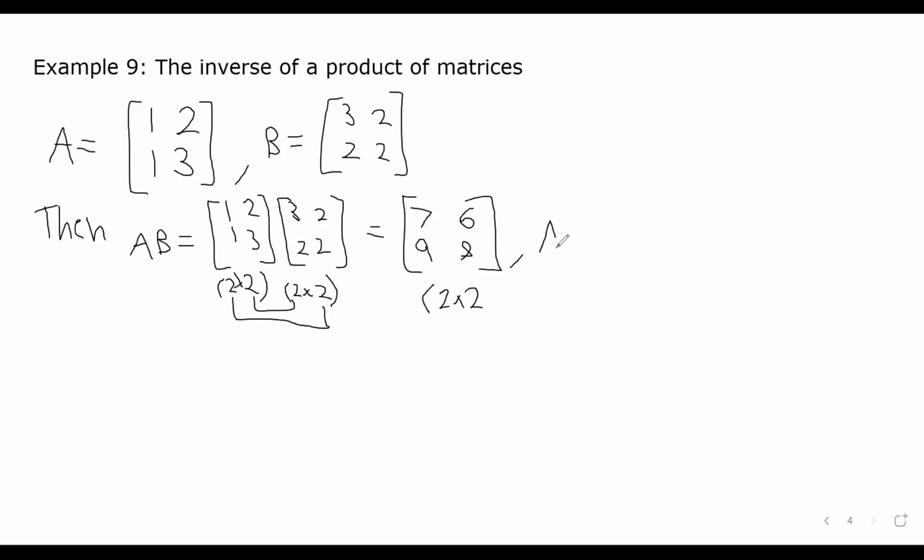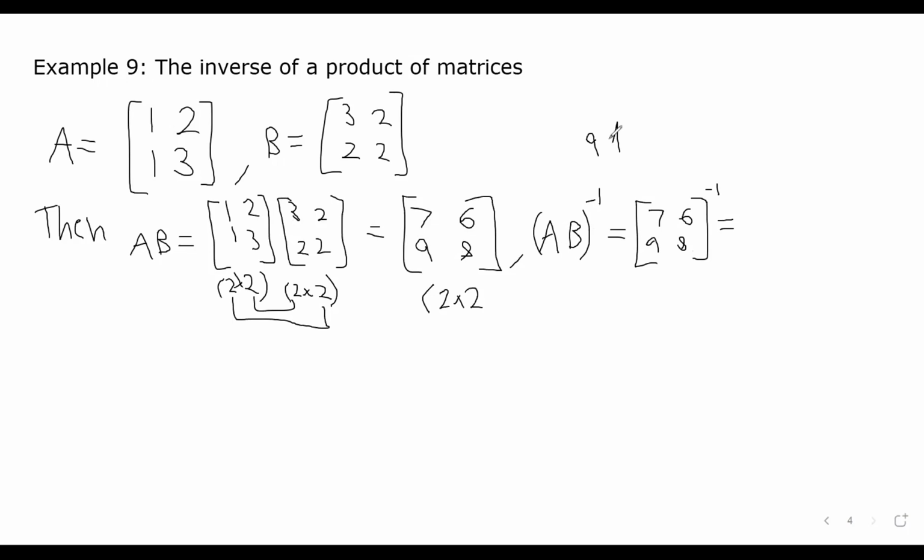All right, and then since that's AB, you can find the inverse of the matrix AB. So the inverse of 7, 6, 9, 8. That's equal to, well, if the inverse exists, AD minus BC is non-zero.